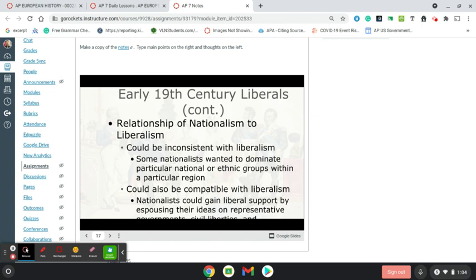The key difference, though, is that nationalists wanted to support one specific group of people, whereas liberals didn't think that was necessary.